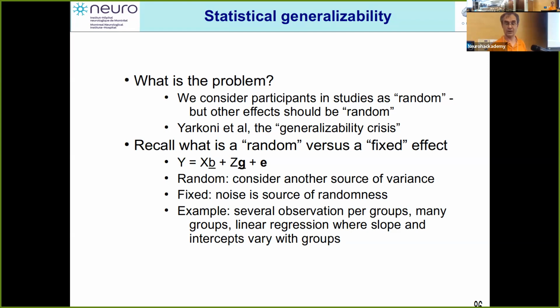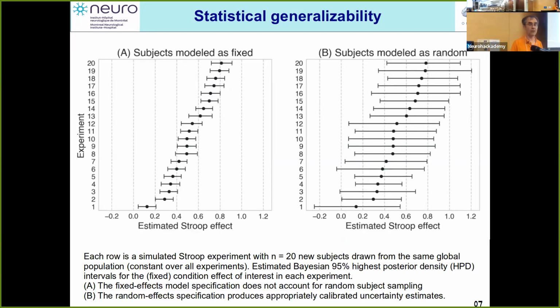If you model them as fixed effects rather than random effects, you find inconsistent results, and you find that results are much more significant than they should be. I will leave you to read the paper, where I should have put the reference.